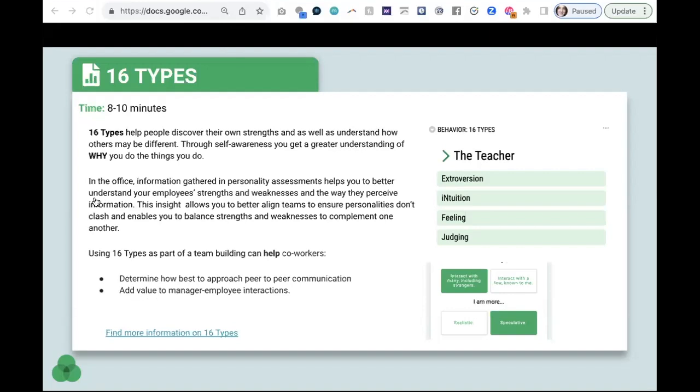So it's really important that I understand where my direct report is coming from, because there's a big difference in how we approach managing life and managing work, right? It can also improve our own self-awareness, and it can enhance leadership development as we lean into our strengths and look at how to expand on our opportunities for growth. How can we be a better leader of our teams and in our organization?